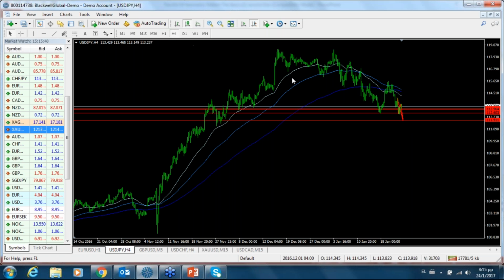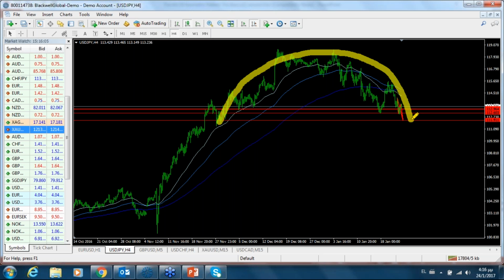But overall, based on the 4-hour chart, we have got an area of support you need to watch out for, because if it does, let's say on a big time frame, find support here and comes up, then this might actually confirm an upside down cup pattern. Okay, this upside down cup pattern might actually go up like this, come back down, and then go back up like this, and then all the way down like this.